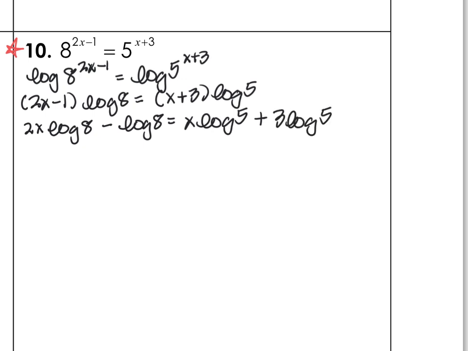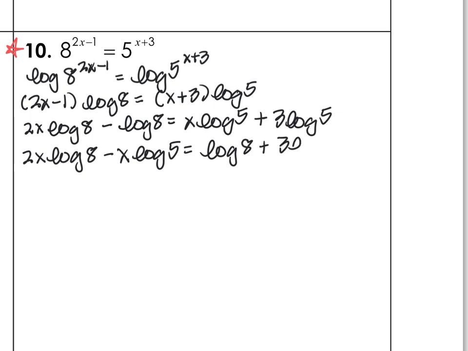All right, so every term that has x needs to go on the same side. So I already have this one here, so I'm going to subtract the x log 5 on this side. I'm going to add the log 8 on that side. Now, the key thing is factor out the GCF, which is x.